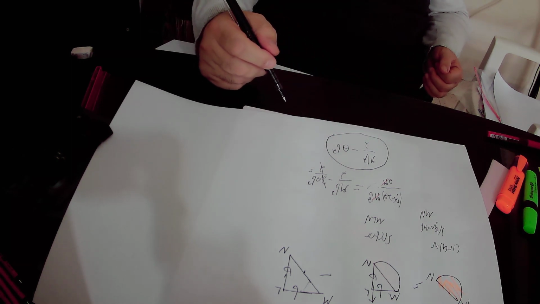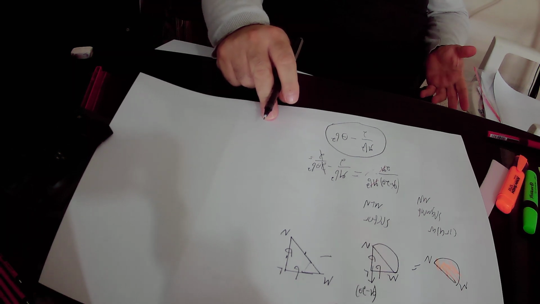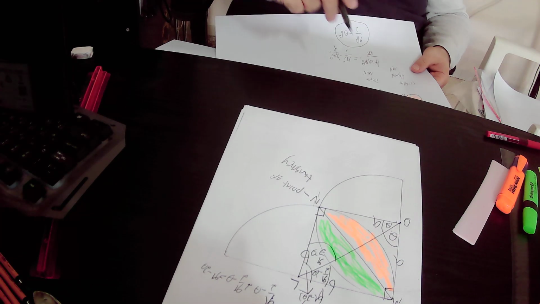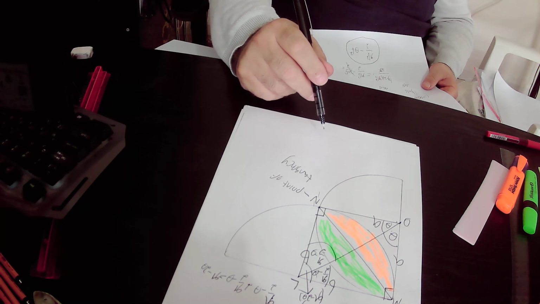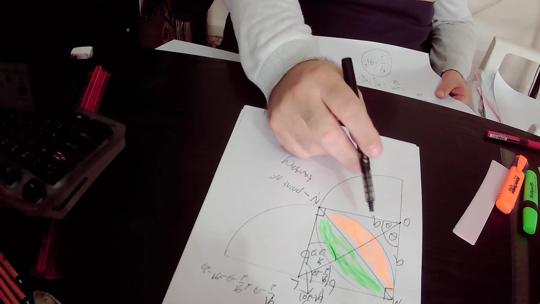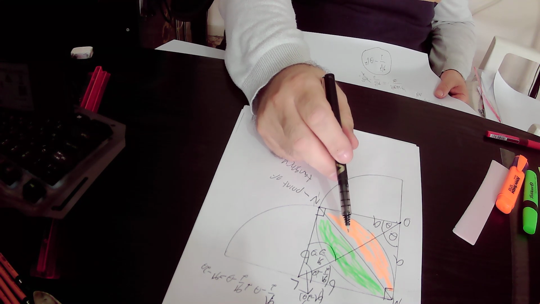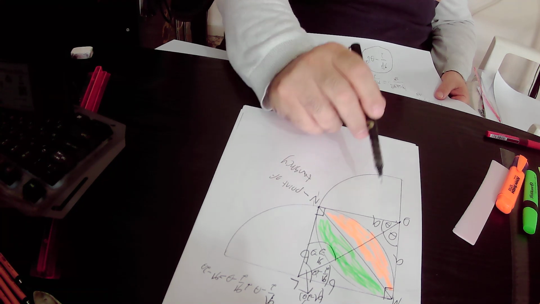But actually we want to find the area of this lens, and the area of this lens equals the area of the green circular segment plus the area of the orange circular segment.